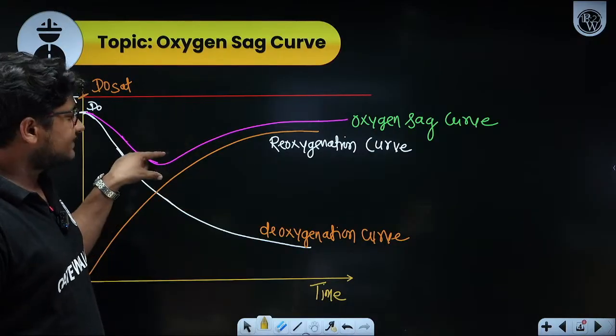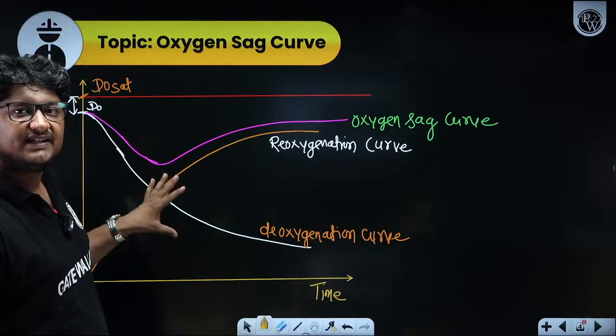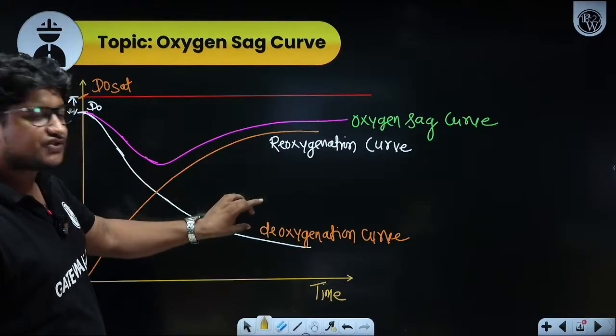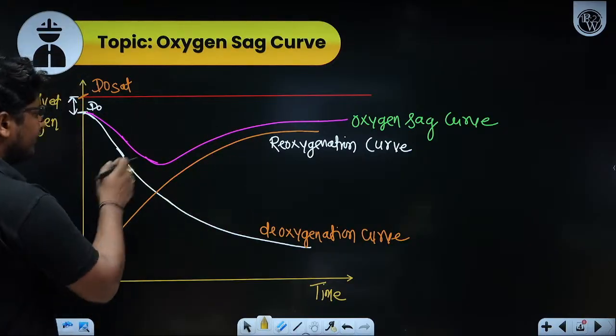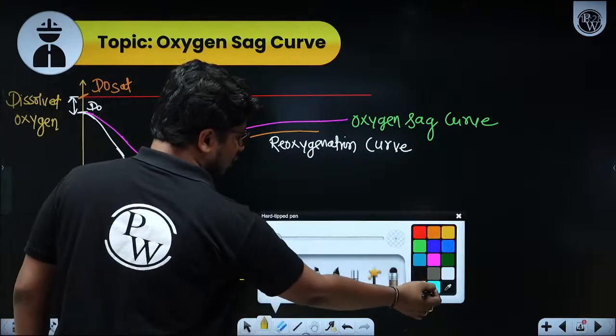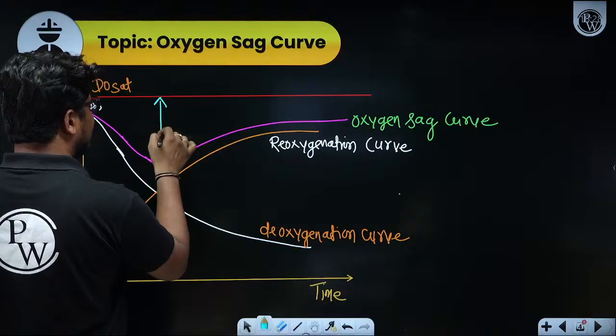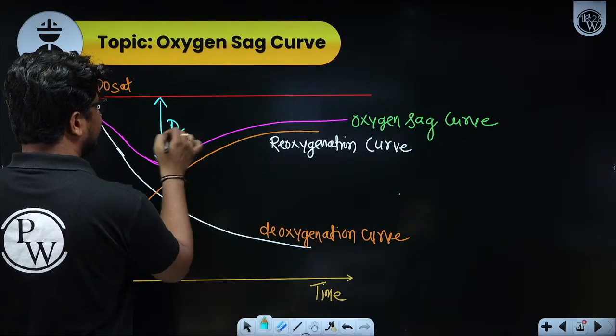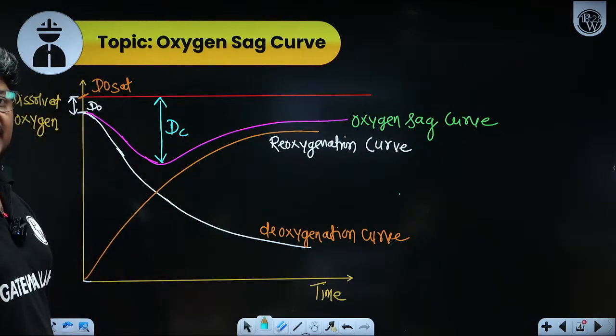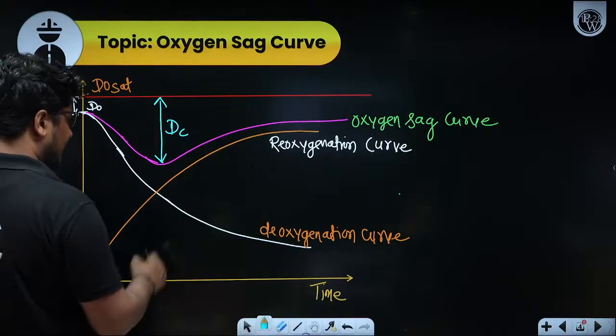This Oxygen Sag Curve is basically the net curve of these two. Here at this point you are getting the maximum deficit. This is what we call the critical deficit or maximum deficit.